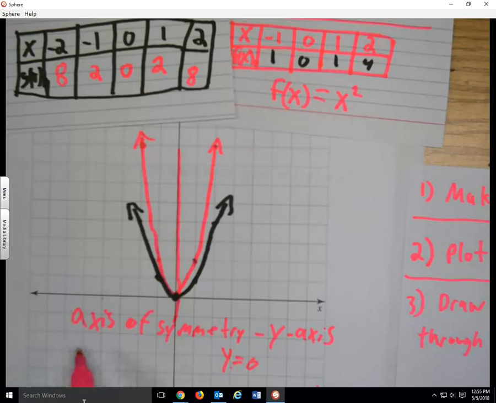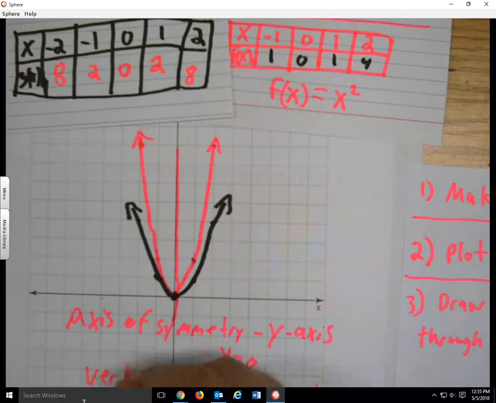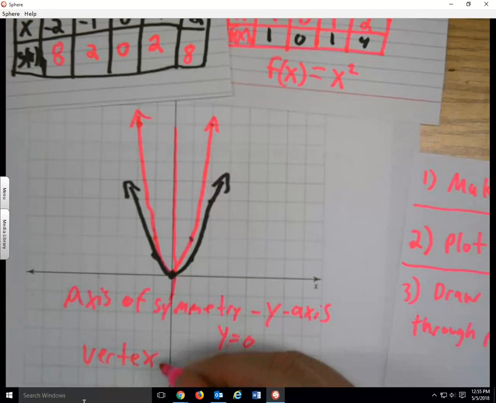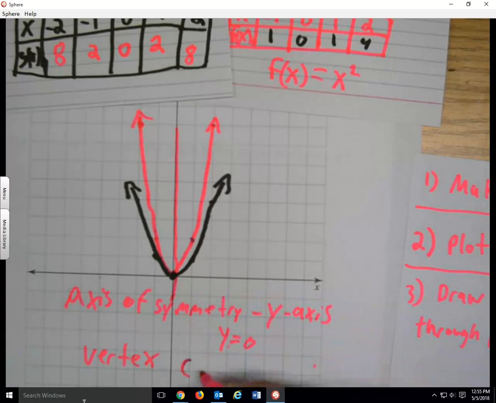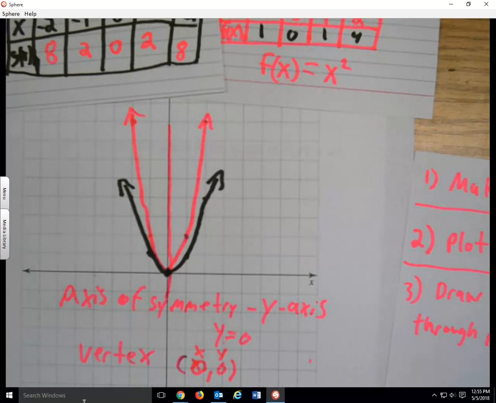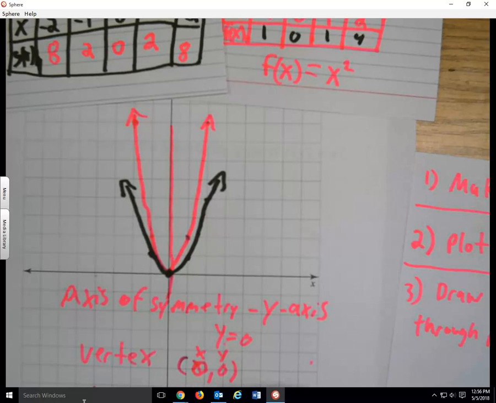If you were to ask what the vertex is, the vertex is still x is 0 and y is 0. The x and the y are both 0. It's just at the origin here. So they have the same vertex. I would say the axis of symmetry and the vertex are the same.